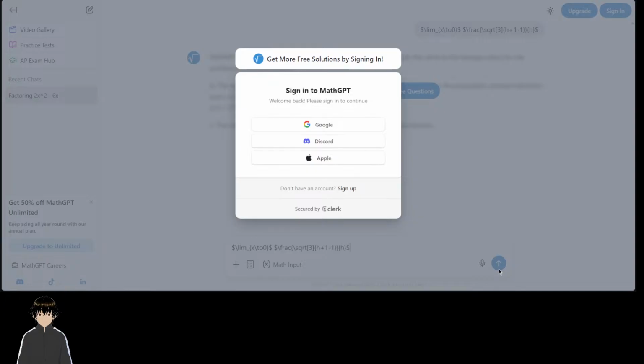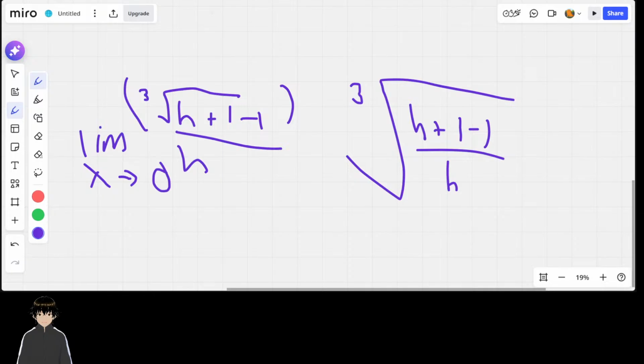You make me mad, MathGPT. Please wait, guys. I'm using Photomath to try to solve this because MathGPT is very greedy.